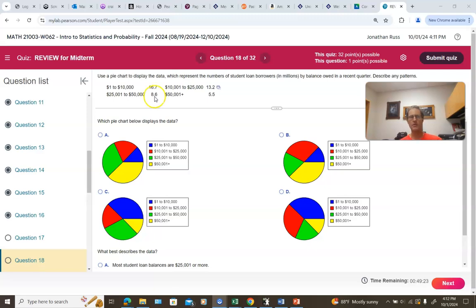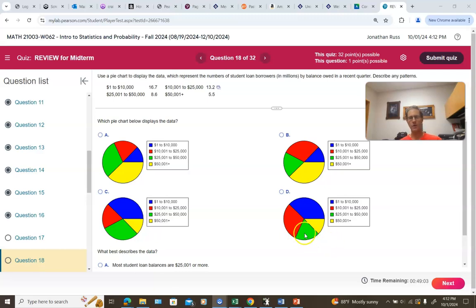8.6 million students owe between $25,000 and $50,000. Okay. Well, this is the next biggest wedge, so we just need to look down here. That category is in green, so it's got to be this one right here, guys.